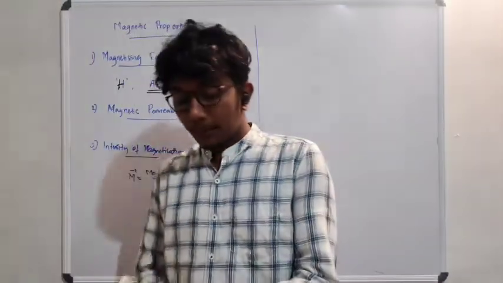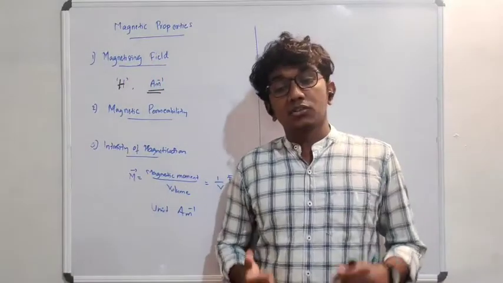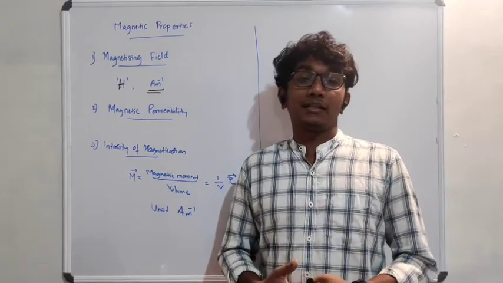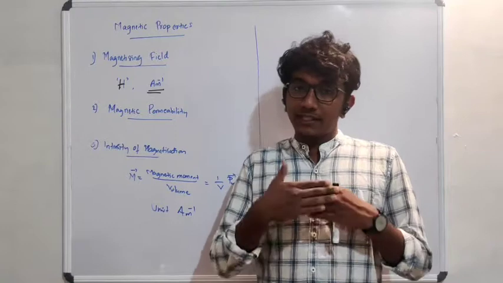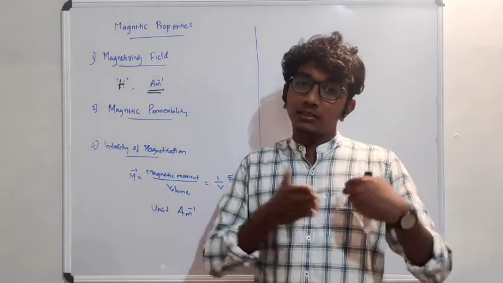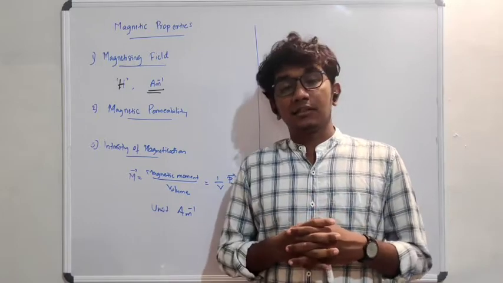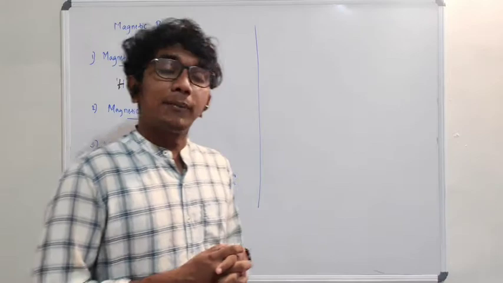By using the magnetizing field, we magnetize a material, and now we check how much the magnetization of that material is. There are various methods to estimate the magnetizing property of a material, and for that we use magnetic permeability.